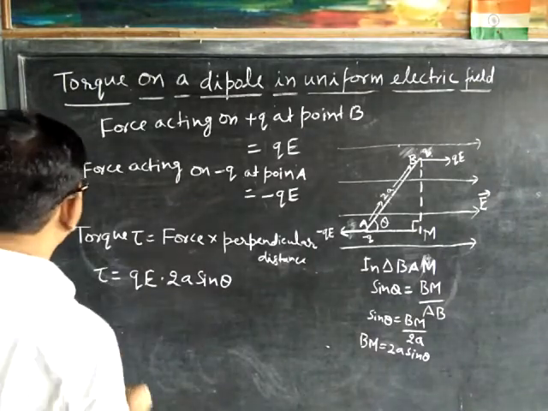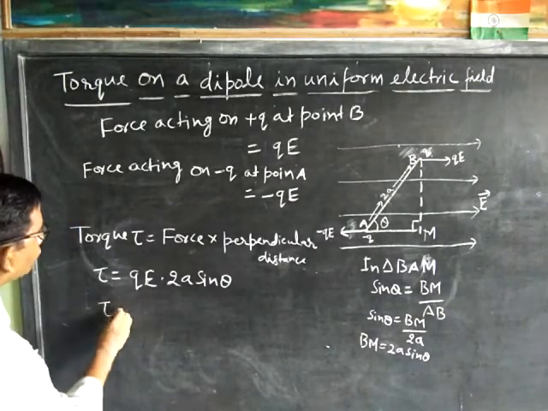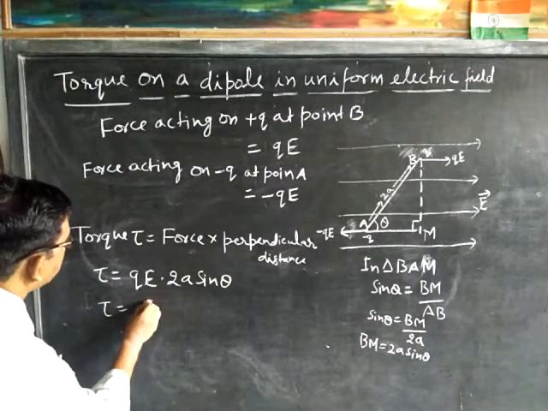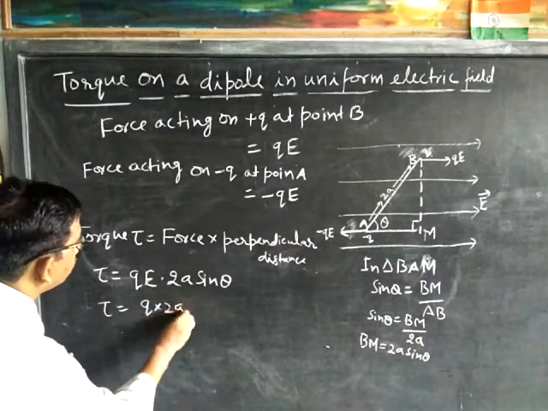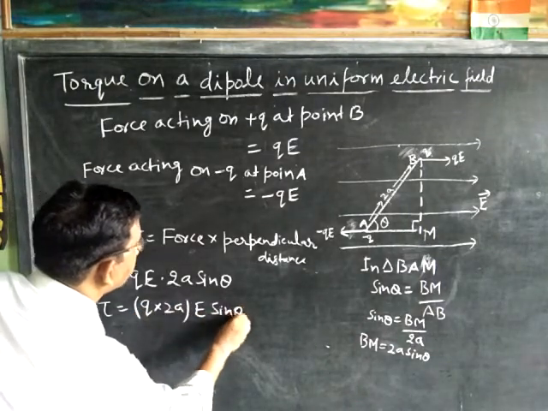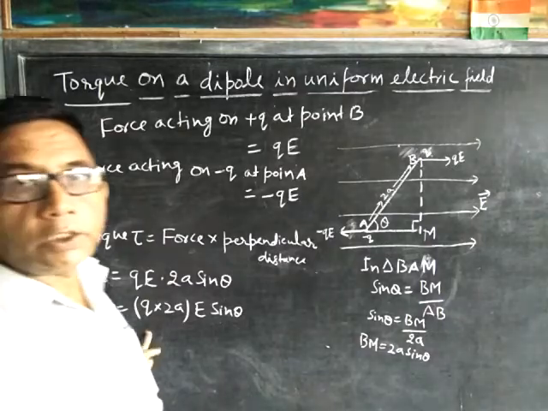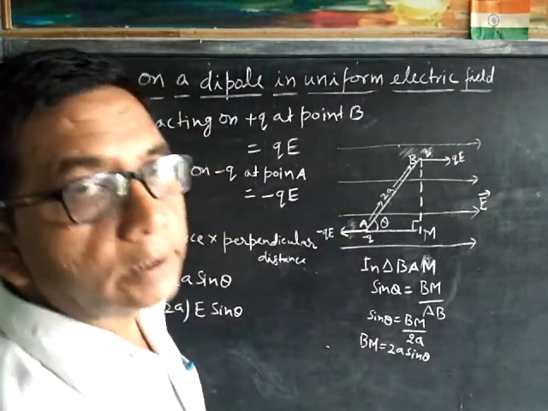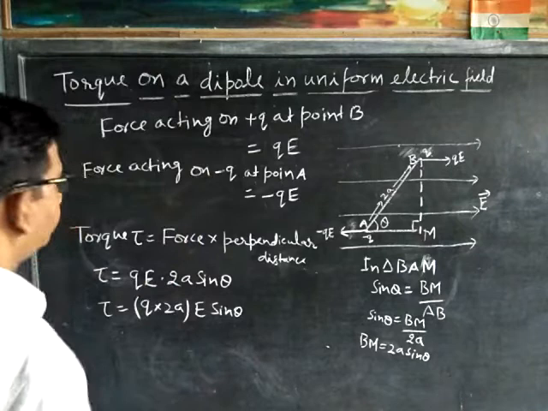We can also write tau is equal to Q into 2A into E sin theta. But we know P is equal to Q into 2A, the electric dipole moment.